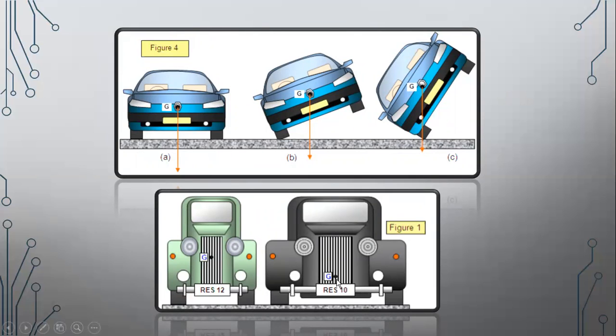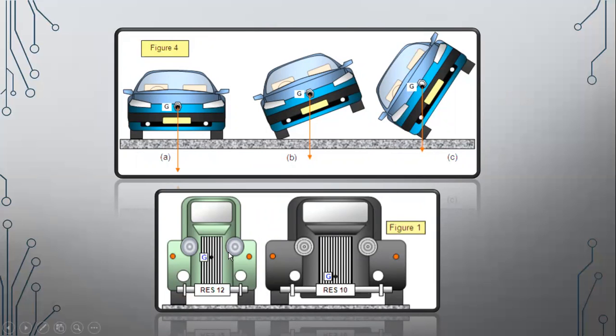This big car is more stable because its center of gravity lies very near to the road surface, as well as it has large base area. इसका बेस एरिया भी ग्रेटर है, इसका सेंटर ऑफ ग्रेविटी भी नीचे लाई कर रहा है, तो इसलिए ये जो कार है ये ज्यादा स्टेबल है एज कंपेयर टू दिस वन.